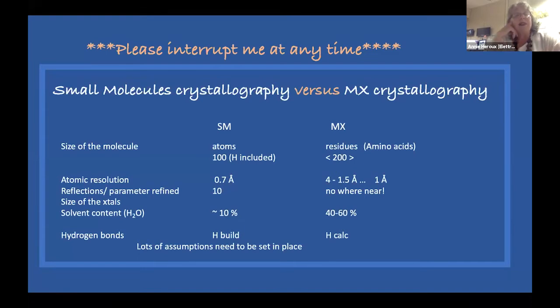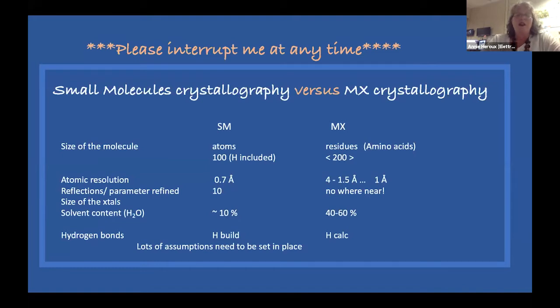As a chemist, the first time I went to a talk about protein crystallography, I realized that for 1 hour, people just talked about hydrogen bonds and hydrogen this and that. And being a small molecule person, I was like, they don't even see the hydrogen. So that was also a very big difference.